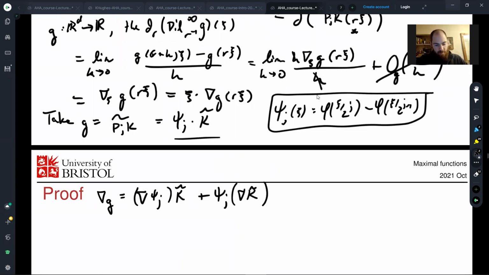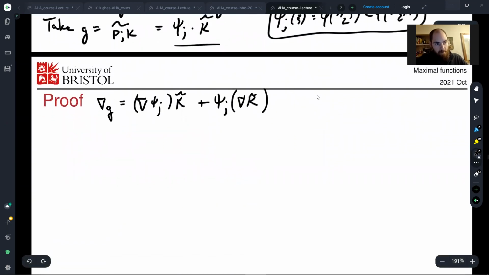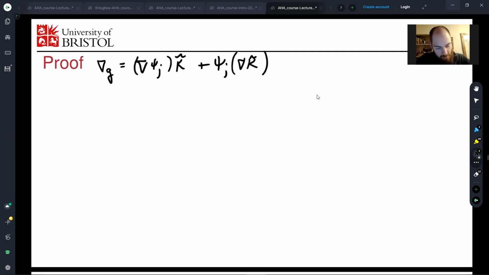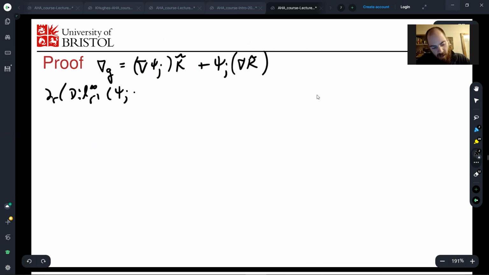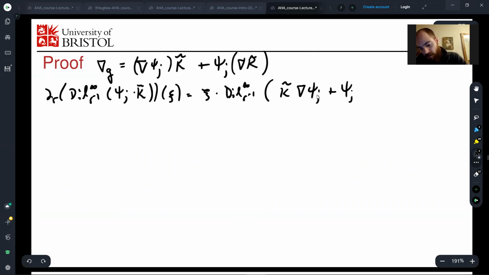And therefore, this expression, the partial in r of the dilation by r inverse infinity of psi_j times k hat at the point xi, is just xi times the dilation by r inverse infinity of k twiddle times the gradient of psi_j plus psi_j times the gradient of k twiddle.